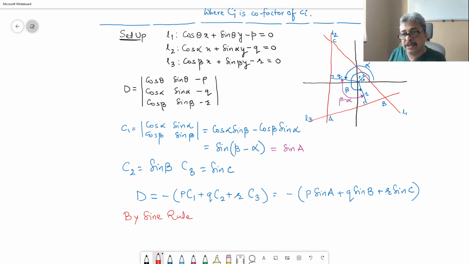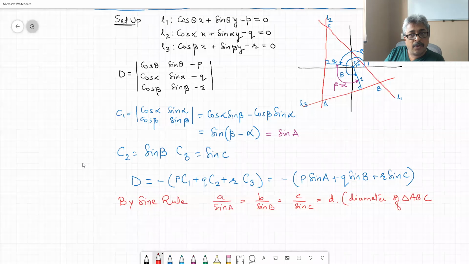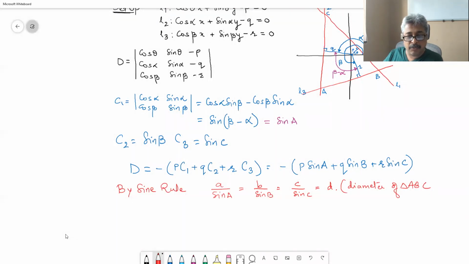What does the sine rule say? The sine rule says a upon sine A is equal to b upon sine B is equal to c upon sine C is equal to 2R, that is the diameter of the circumcircle of ABC. Okay, so up to that point, all of us understand what is happening.